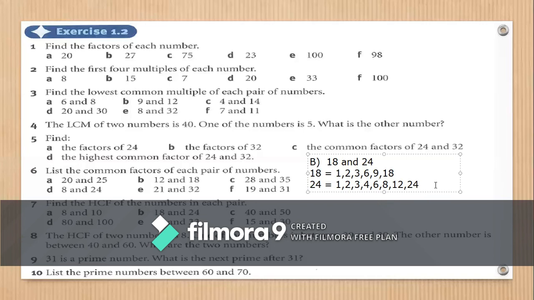After that we write common factor, C.F. C is only for common: 1, 2, 3, 6. So what is your HCF? HCF is the highest of those, that is only 6. So 6 is your HCF.